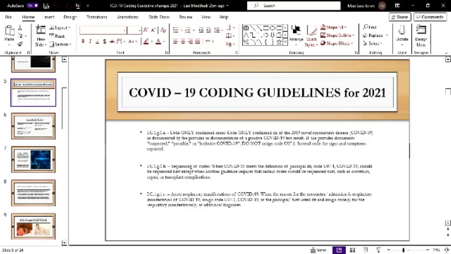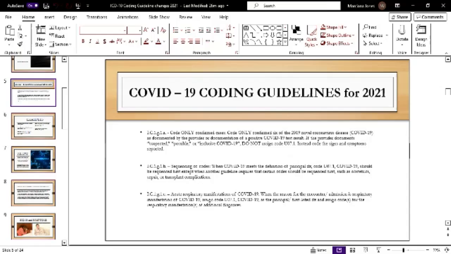So there's another one here, except when another guideline requires that certain codes should be sequenced first, such as if you're coding obstetrics, that might be coded first. It might be a guideline that should be coded first and then the COVID second. Or if it's sepsis or transplant complications.